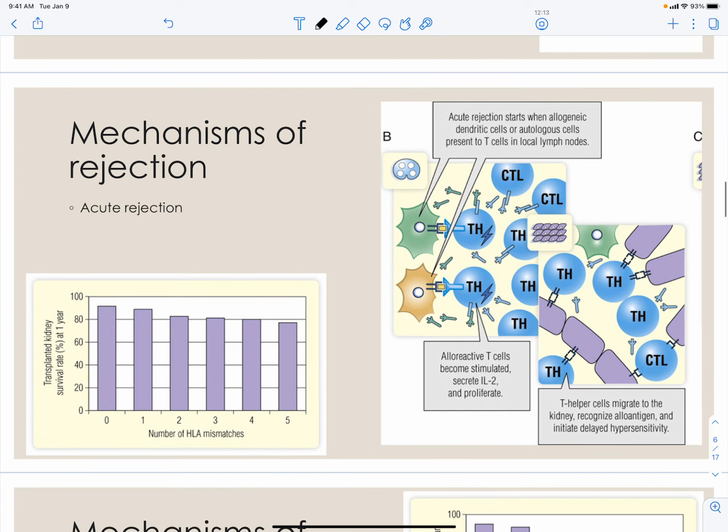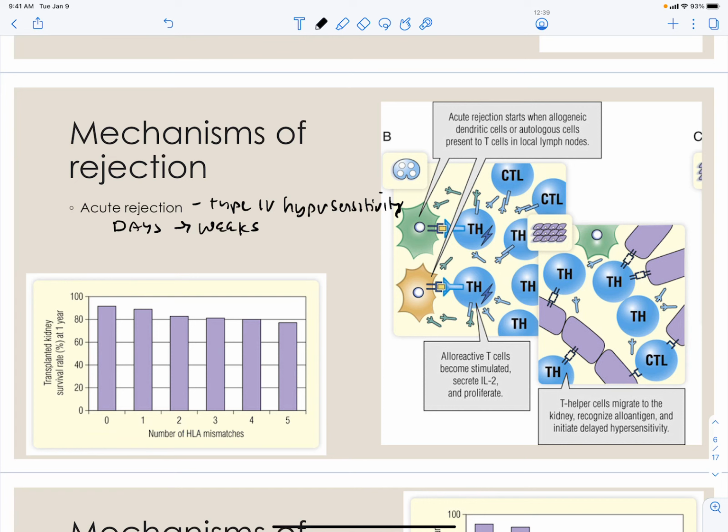Now, the next type of rejection is called acute rejection, and this is a type 4 hypersensitivity. This is going to take place within days or weeks after transplant, and it coincides with T cell activation.